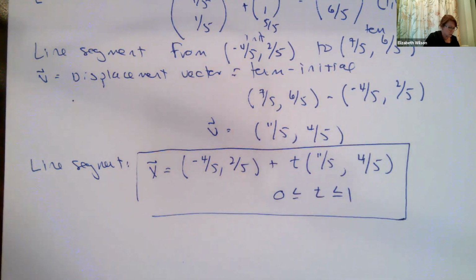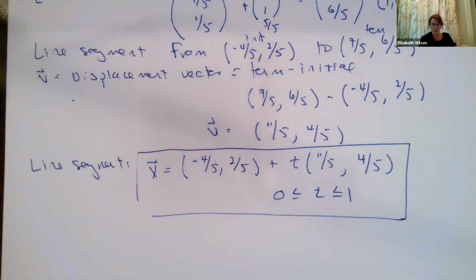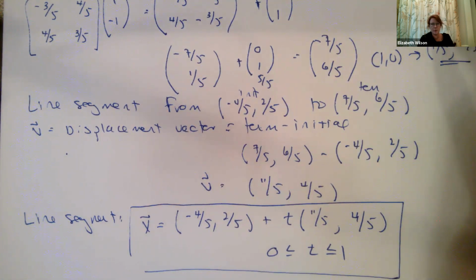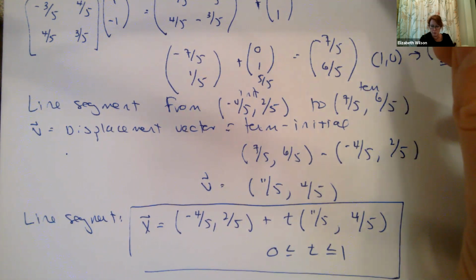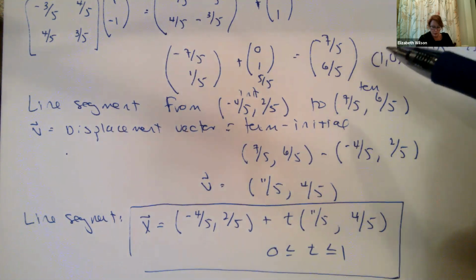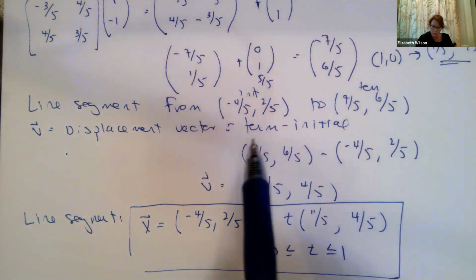Last question. Right, so line segment. I found the new translated points. I had to come up with a line segment from here to here, because we used to go from 0, 0 to 1, 0. Now these are my reflected points. So now my displacement vector from here to here is terminal minus initial.